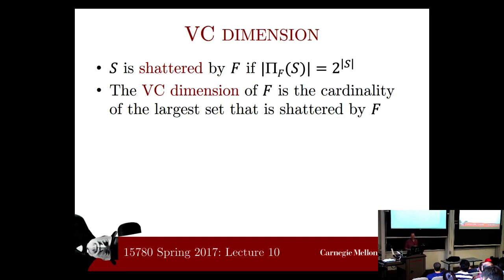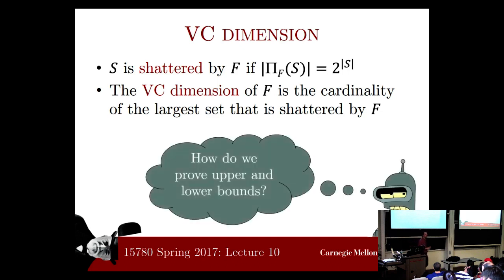Okay, but basically, let's think about it for a bit. Let me tell you how you would prove a lower bound on the VC dimension, and you'll tell me how to prove an upper bound. To prove a lower bound, we would need to show some set S of size D. So we want to show that the VC dimension is at least D. So we need to produce one set of size D such that it is shattered by F. Or in other words, such that for every possible labeling, there is a function in F that would give you that labeling.